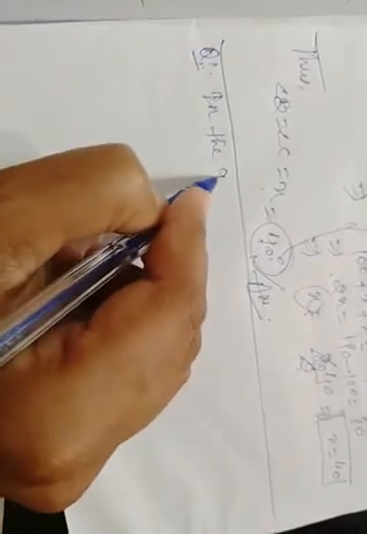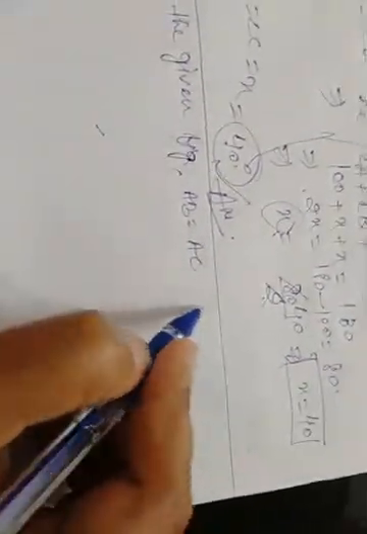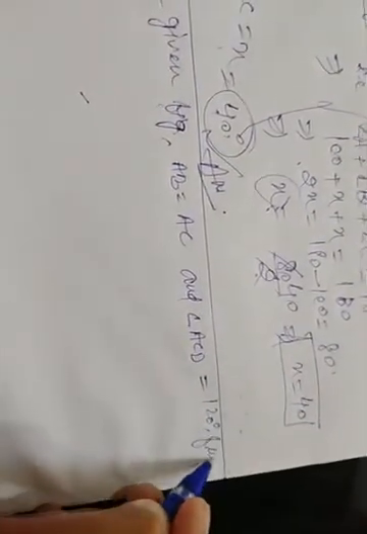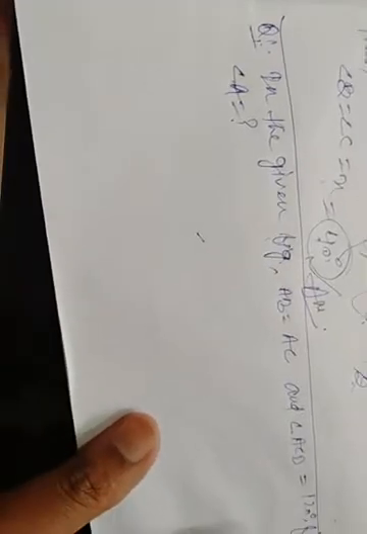In the given figure, AB is equal to AC and angle ACD is equal to 120 degrees. Find angle A. Okay, let's solve it.